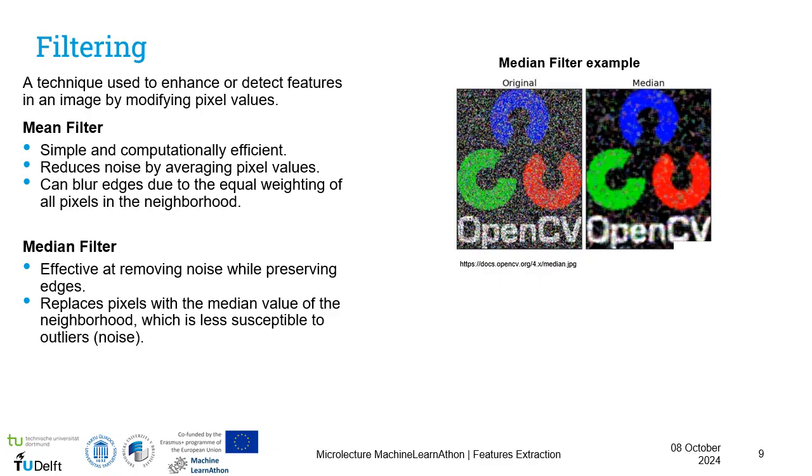The median filter is better at keeping the edges of objects, and we can see an example of the median filter on the right, where we have a noisy image, but after applying the median filter we were able to keep the edges of objects but still reduce the noise.